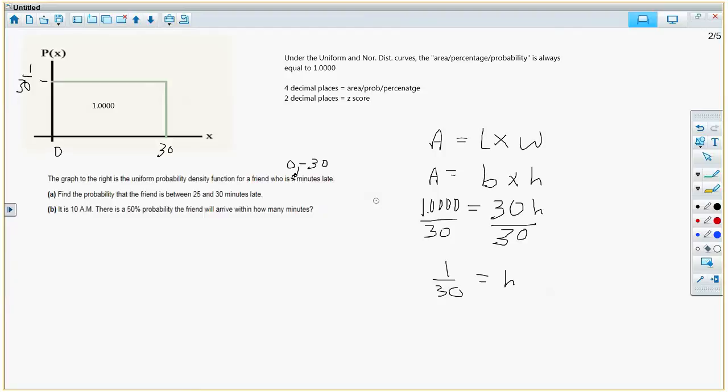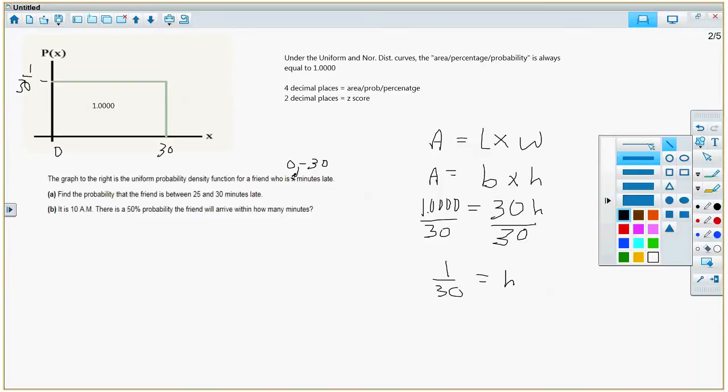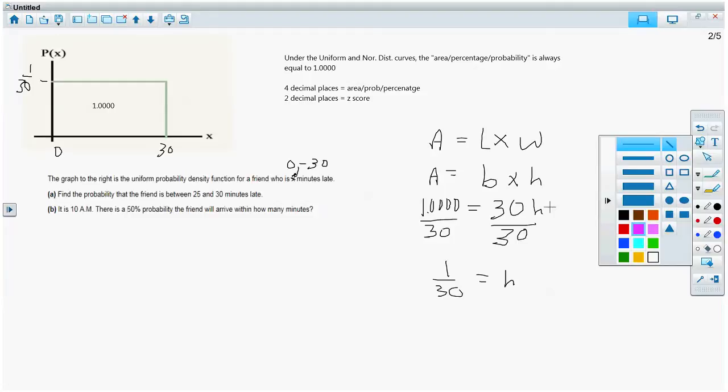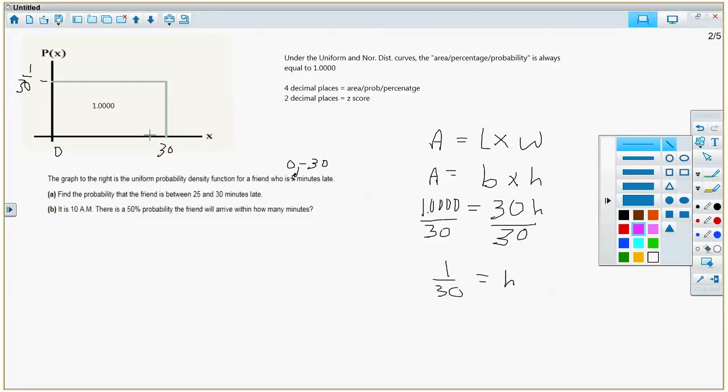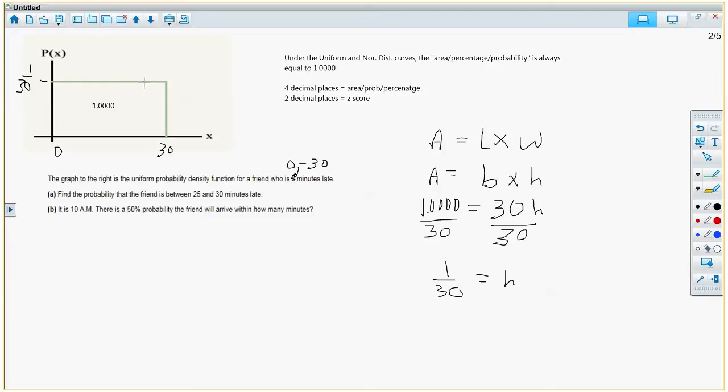Find the probability that your friend will be between 25 and 30 minutes late. So I'm going to take my handy dandy line maker and use magenta and draw a line here. Now I'm going to draw a magenta rectangle. And I want to know what that area is right there.